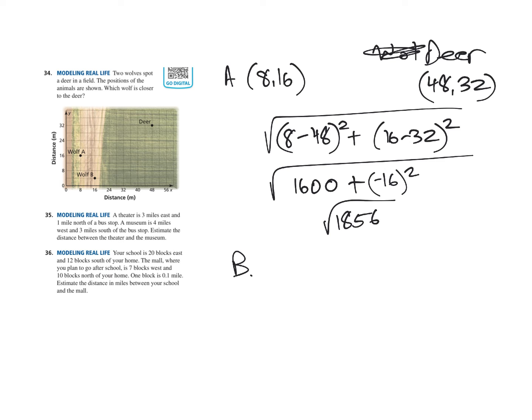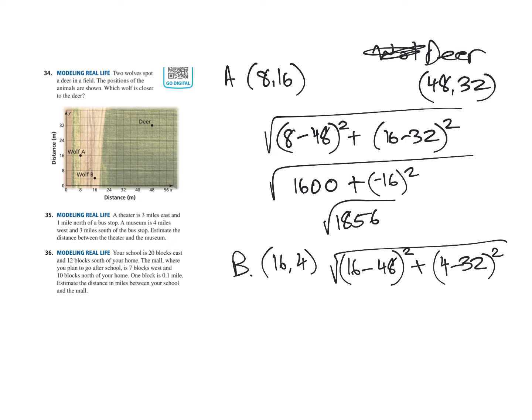B is at 16, 4. So do the exact same thing. You have 16 minus 48, and you have 4 minus 32. Take the square root. 16 minus 48 is negative 32. 32 squared is 1024. 4 minus 32 is negative 28. 28 squared, it's negative 28, but when you square it, it's positive, 784.